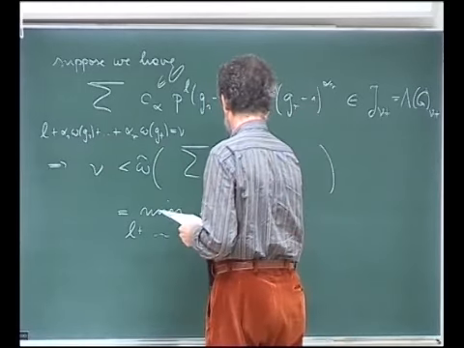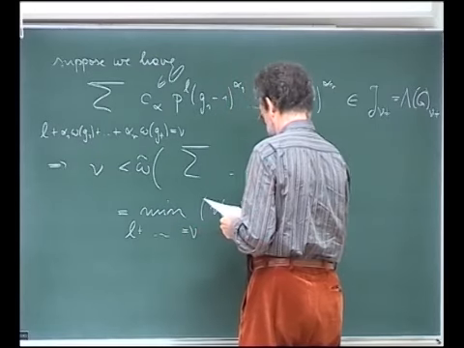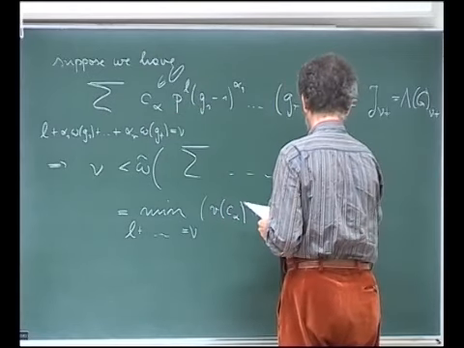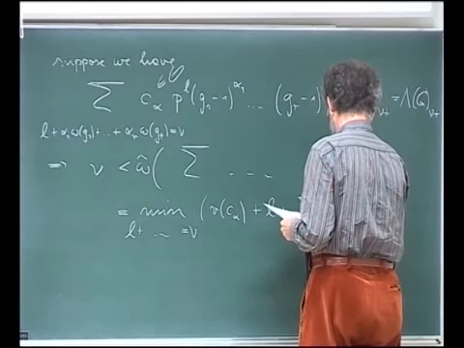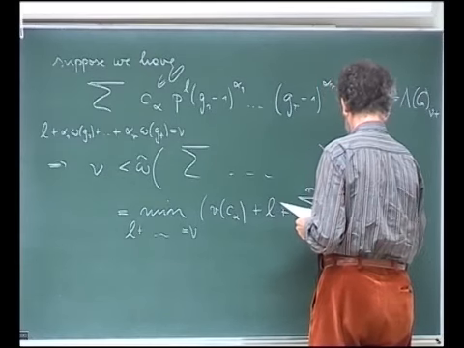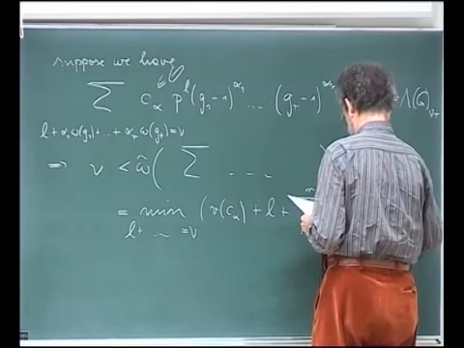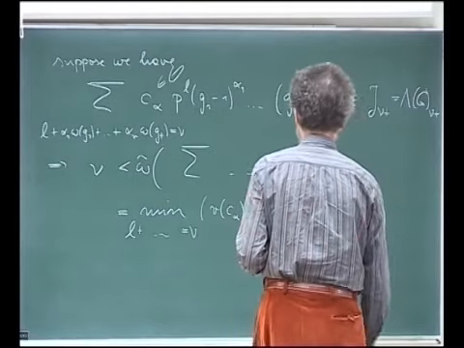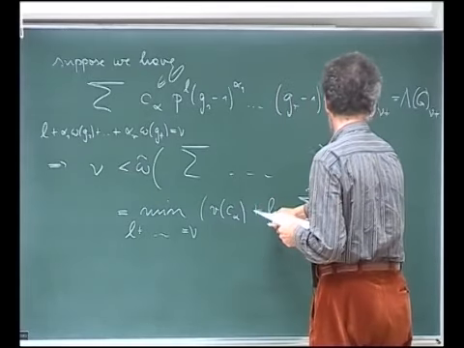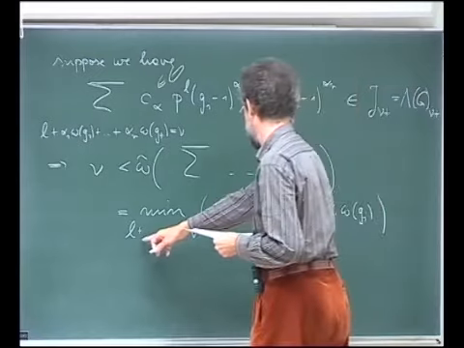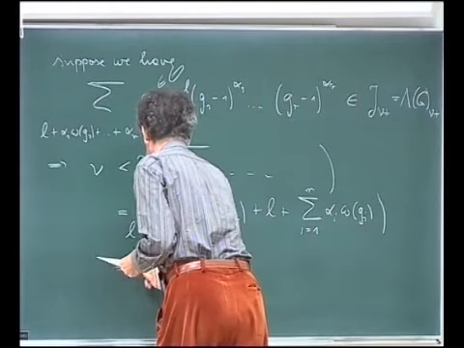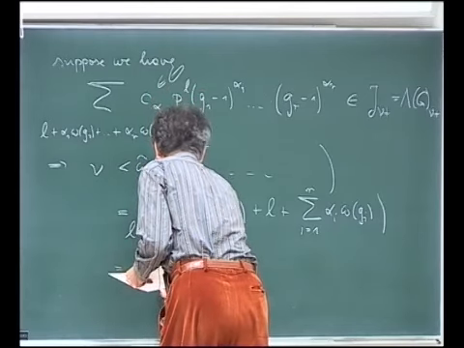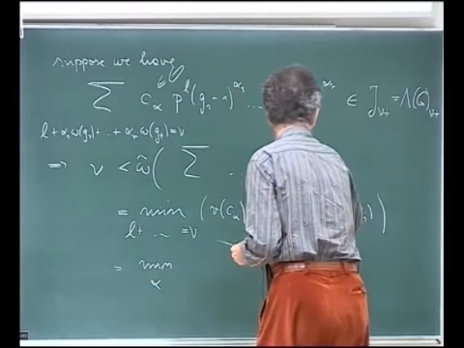So this is the minimum over this, with the same index set, and then v of the coefficients plus L, plus then the sum alpha i omega g i. But you see that this sum here is exactly the sum here in the index.